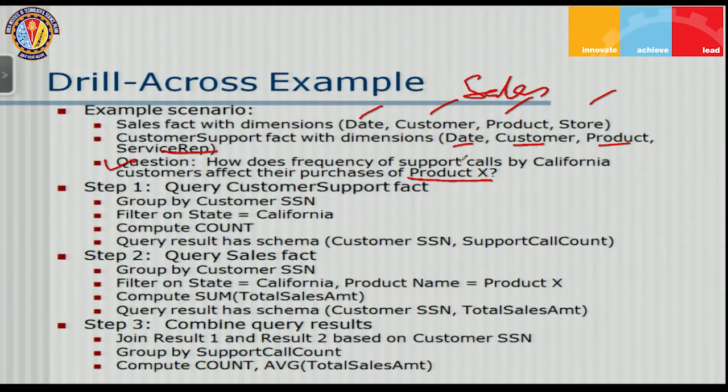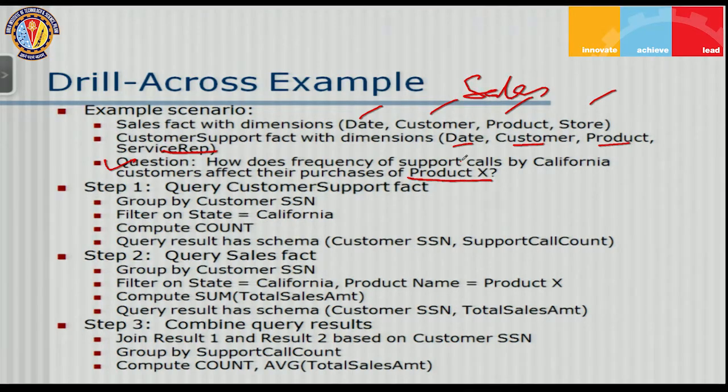And then in the customer support fact, I would want to know how many customers from California complained about this product X, or had some issues about product X, and made calls to the customer support center. So step one is that I first find out the query.